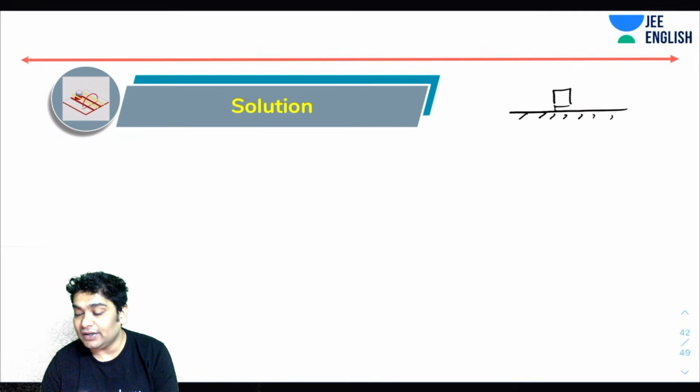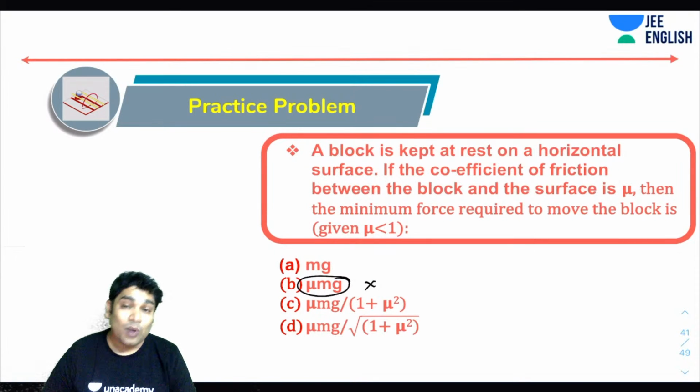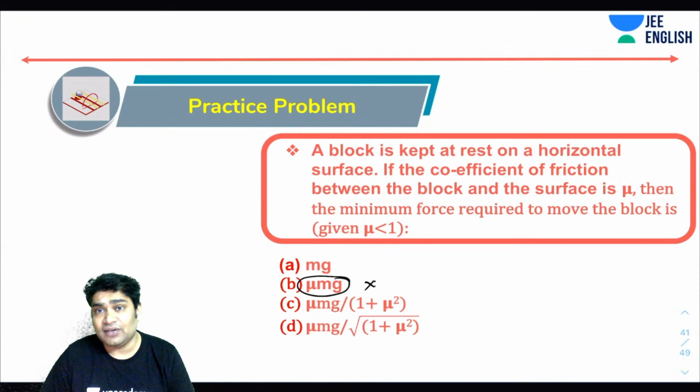So the trick here that a lot of people don't realize is that a lot of people write the answer immediately, which thankfully you guys didn't do. Most people write the answer immediately and give the answer as mu mg. That is wrong. Why is that wrong? Because it never says in the question that the force has to be horizontal.